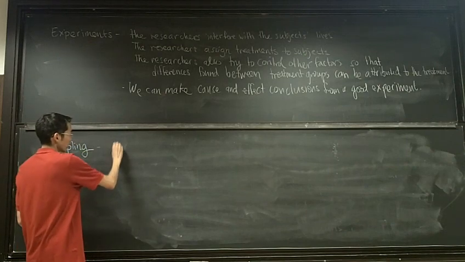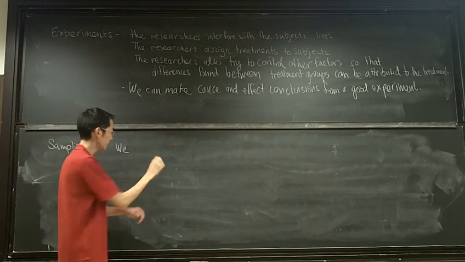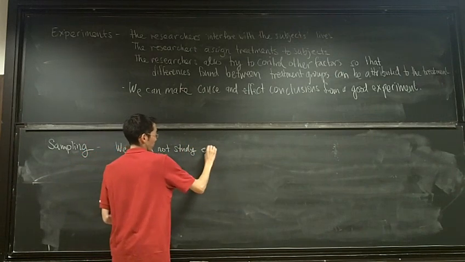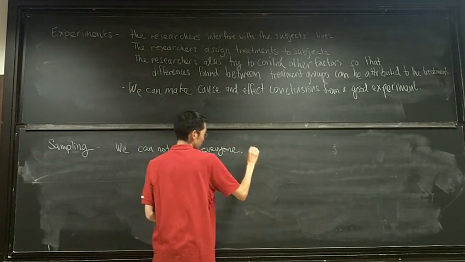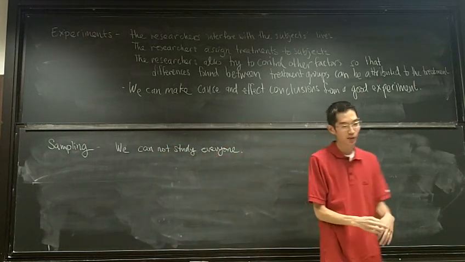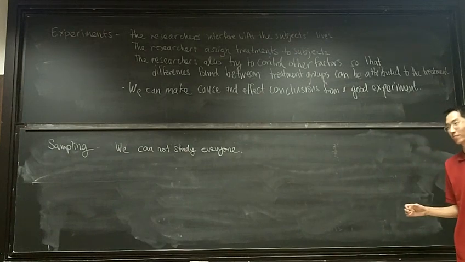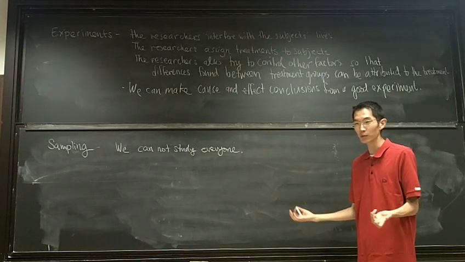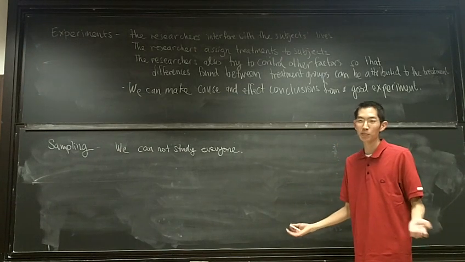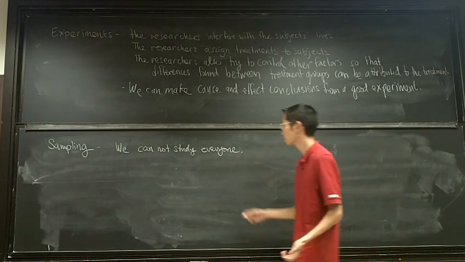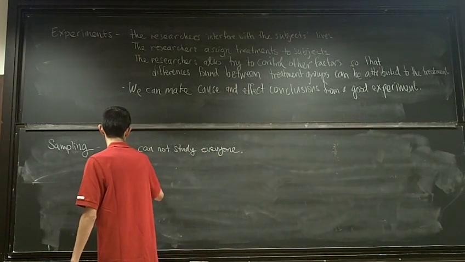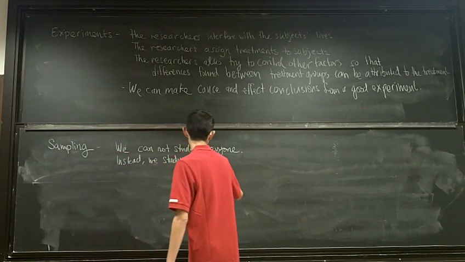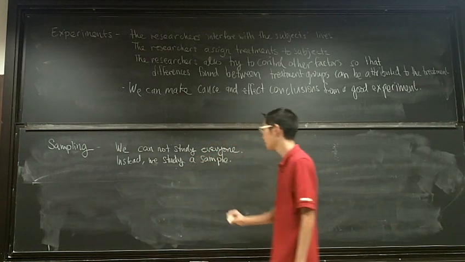Okay, so we cannot study everybody, right? We cannot study everyone. There's too many people. So instead of studying everyone, we settle on maybe we study 100 people or 1,000 people rather than everyone. Instead, we study a sample, okay?